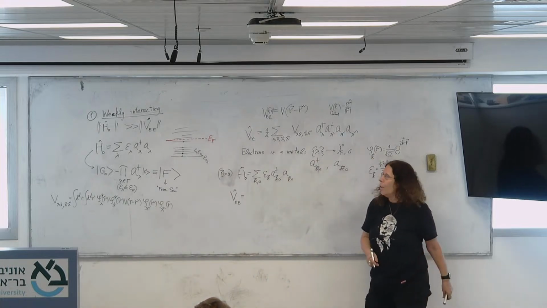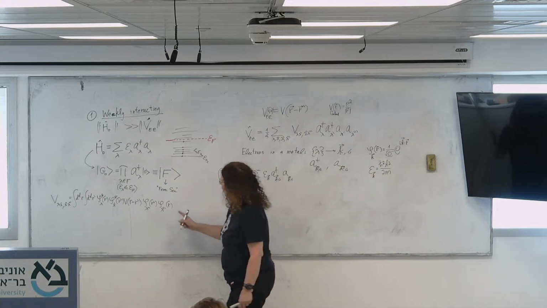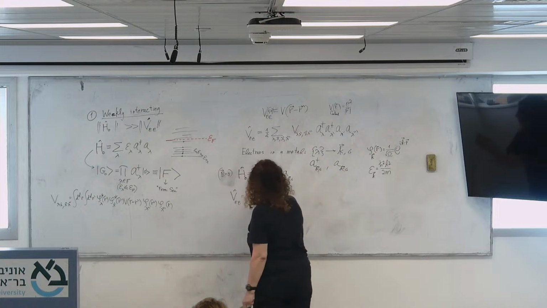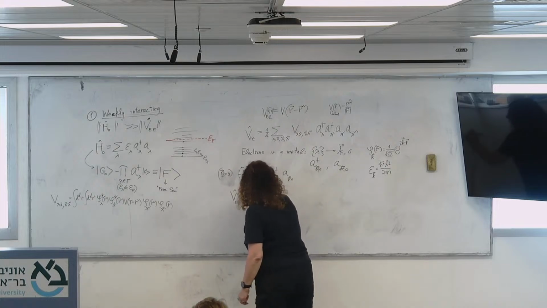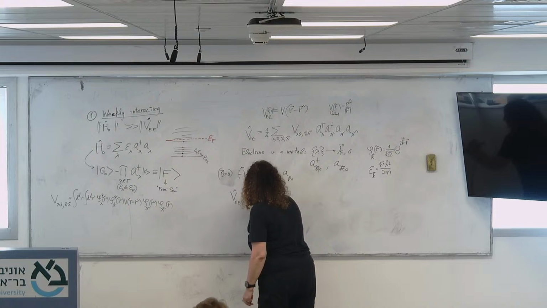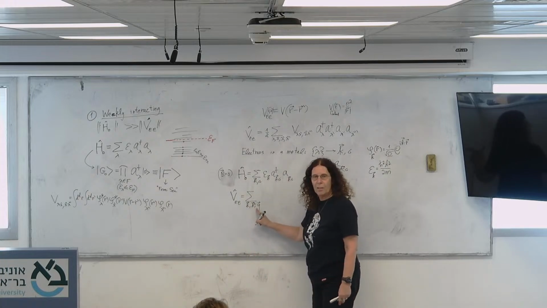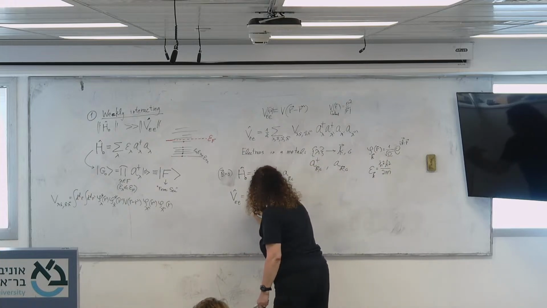And now I want to write the interaction in the same basis, in the basis of the k's and sigmas. And because of the translation invariance that I mentioned, the final expression looks like this. I have a summation over k, k prime, and q, only 3 momentum indices, and 2 spin indices.